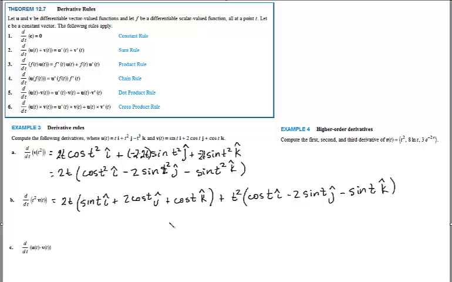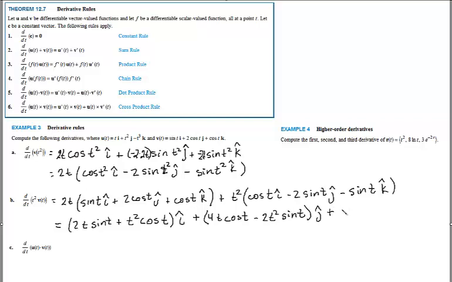Collecting my components, I would have 2t sine of t plus t squared cosine t i hat plus, that would be 4t cosine t minus 2t squared sine of t j hat plus 2t cosine t minus t squared sine t k hat.